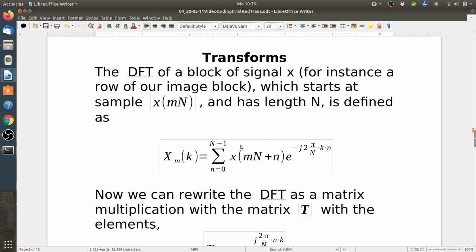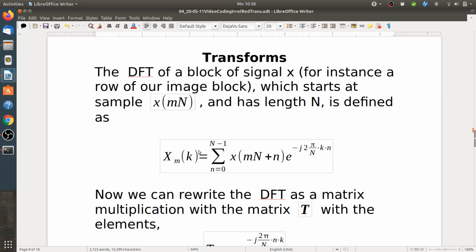Here we have this block starting at mN. Then we have the transform sum going over the length of our block, and we multiply the signal with a transform kernel, e to the minus j 2 pi over N times k times n.